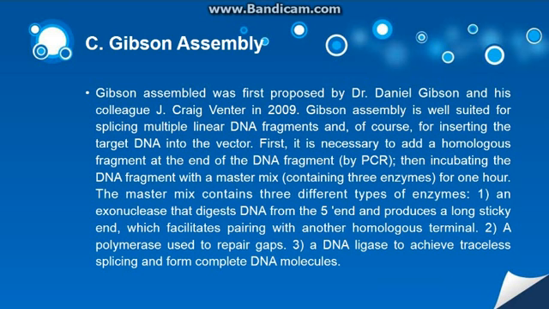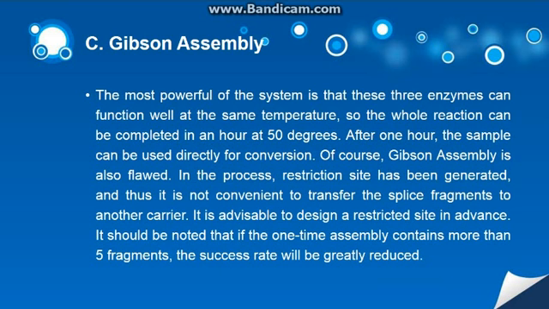A DNA ligase to achieve traceless splicing and form complete DNA molecules. The most powerful feature of the system is that these three enzymes can function well at the same temperature, so the whole reaction can be completed in an hour at 50 degrees. After 1 hour, the sample can be used directly for transformation.